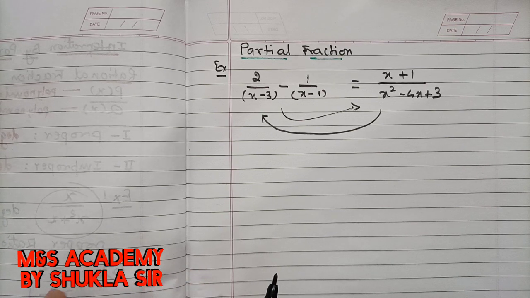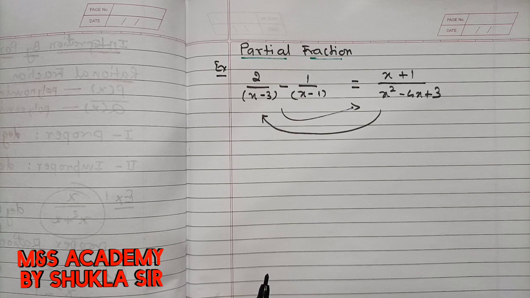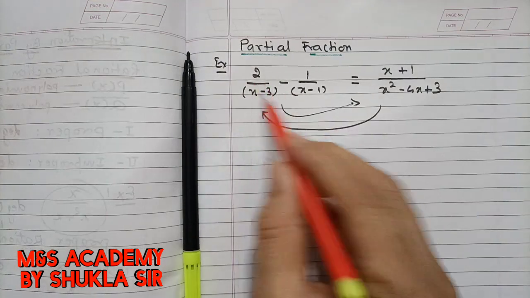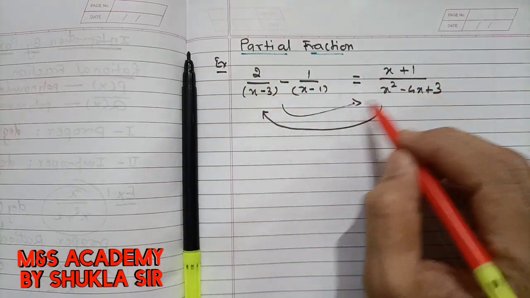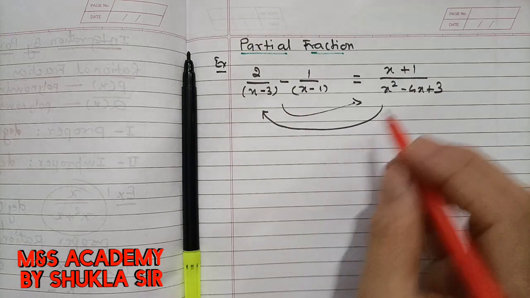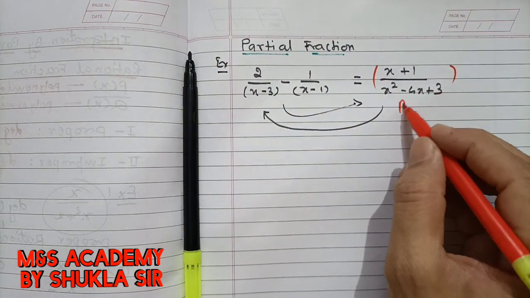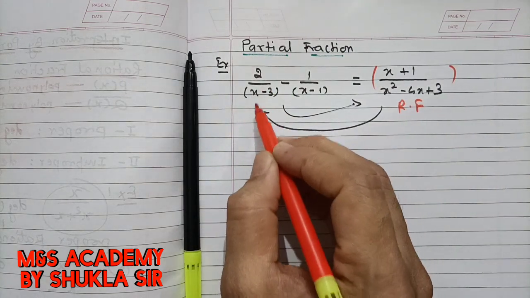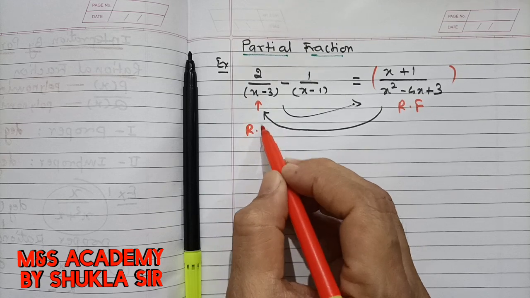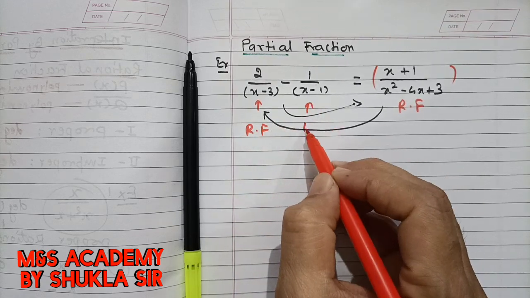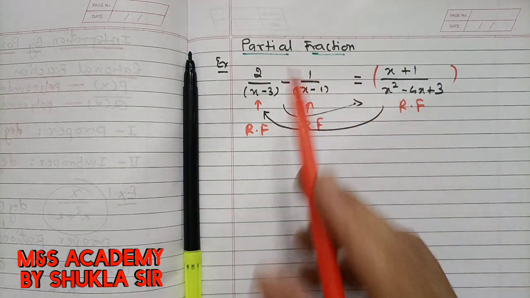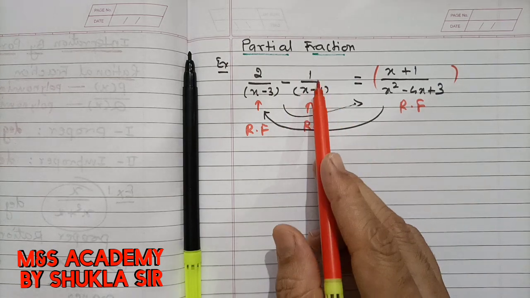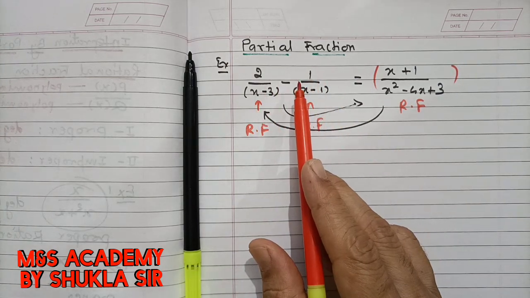Again we can see these two are the simplest form of this rational function. This one is a rational function, this is also a rational function, but it is a simplified rational function which cannot be simplified further.